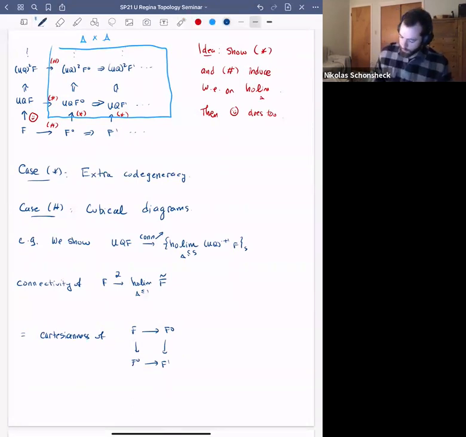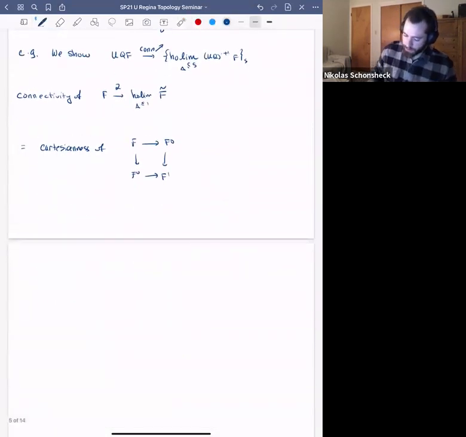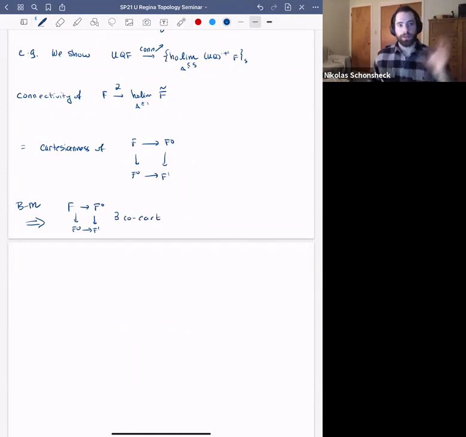But by using Blakers-Massey theorems, which relate Cartesianness and co-Cartesianness, this diagram is 3 co-Cartesian. So we take the Cartesian, turn it into co-Cartesian, and Q does play well with co-Cartesian estimates.